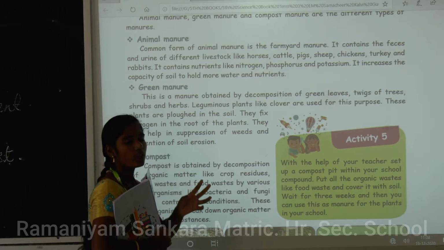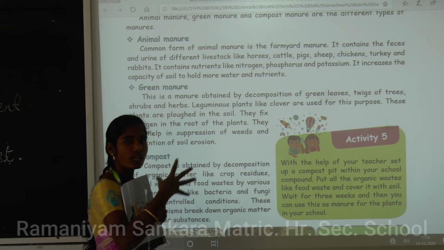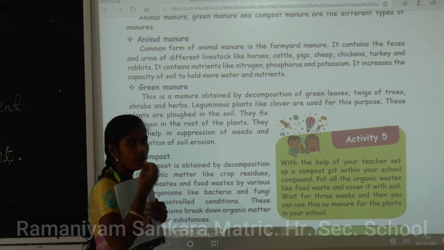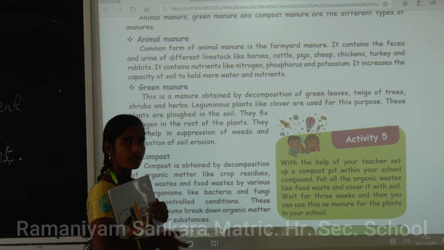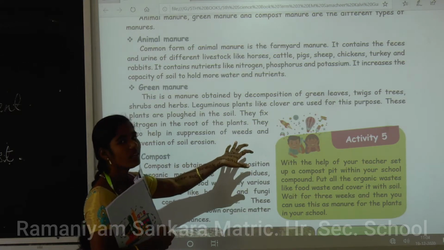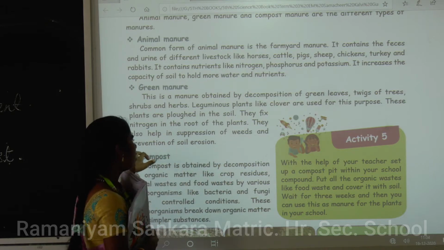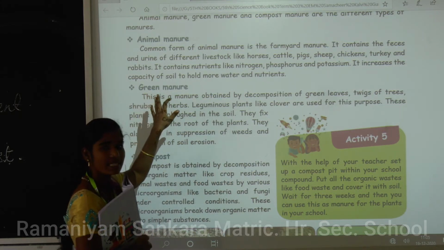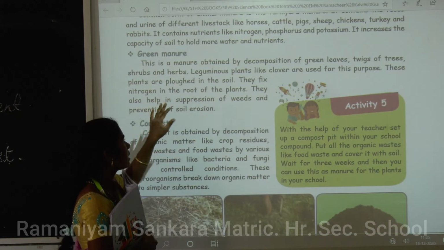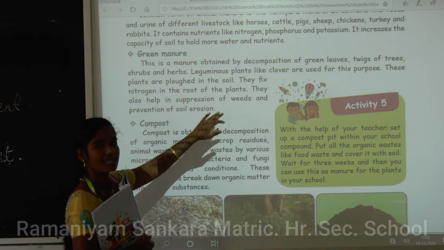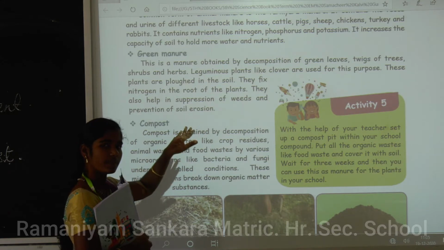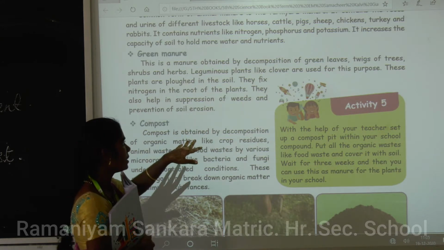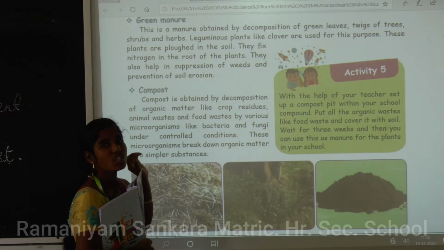While growing crops in the field, unwanted plants also grow along with the crops, and that is what we call weeds. When we use green manure, it suppresses the growth of weeds, and it also stops soil erosion.